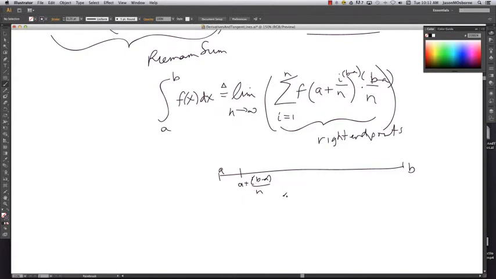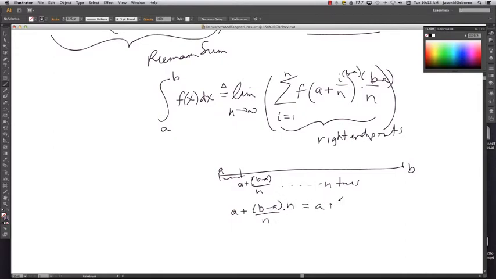And then if you do that n times, so when i is 1, you get a plus b minus a over n. That would be just this little piece. And if you do that n times, you would step over n times.